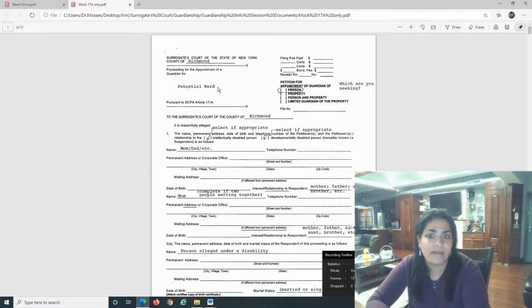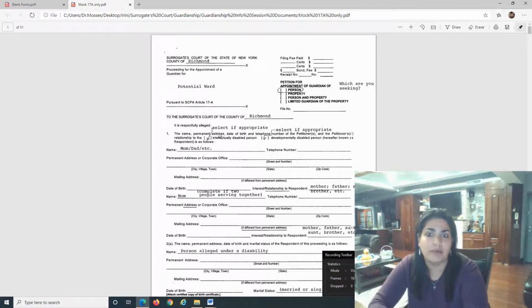Here is the name of the potential ward, right, until we adjudicate them as the ward. You know, they're just like you and me. So you would put the name of the person you're seeking guardianship over here. You would check the person right here, put a little X or a check mark right here. Here is, again, County of Richmond. You would fill that in. And then here you must read this.